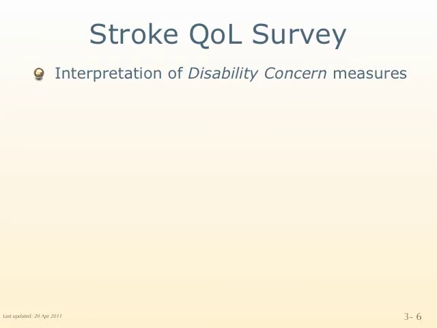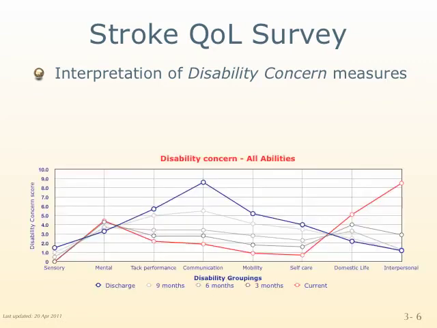Well, this slide illustrates how this measure can be extremely valuable in conveying clear, consistent and meaningful information to stroke survivors and carers about their stroke recovery progress, and to all treating therapists and medical professionals. The graph shown here is for purely illustrative purposes and does not represent actual data.